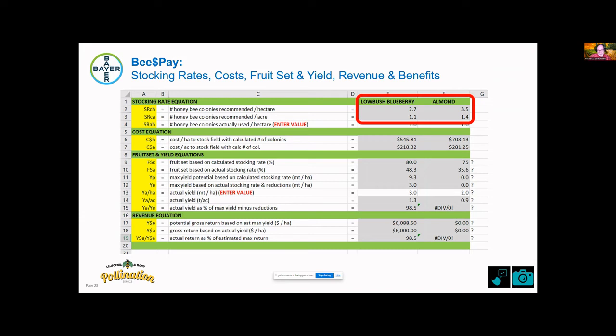The fact that these numbers were generated from bottom-up variables suggests that the variables and mathematical relationships used by BeeCon are realistic. Refinements and improvements can be made, but BeeCon seems to hold promise for answering the question, how many honeybee colonies are needed to pollinate my crop?